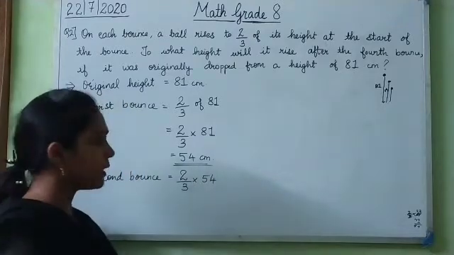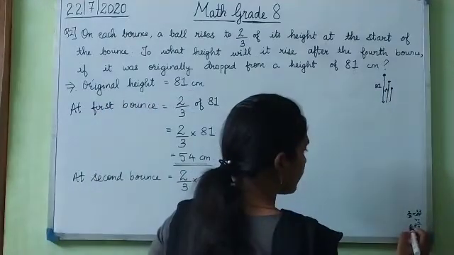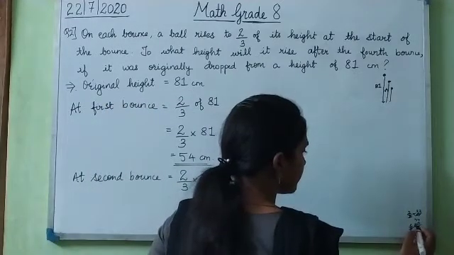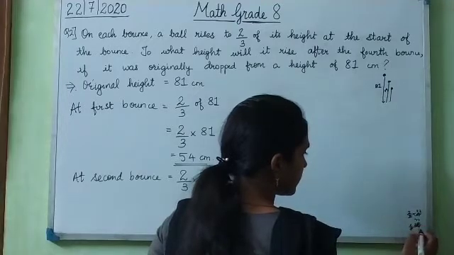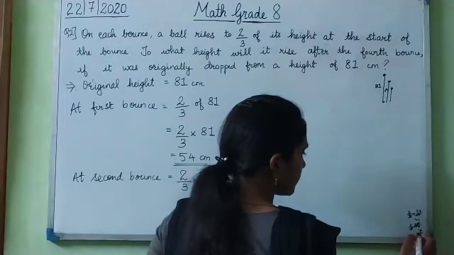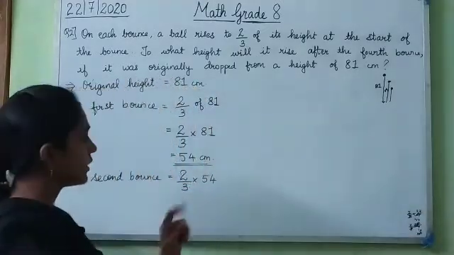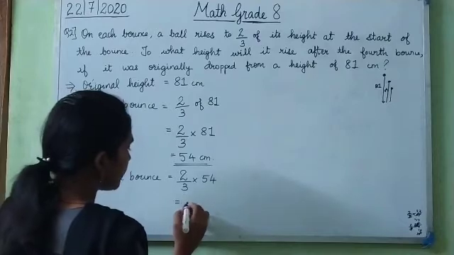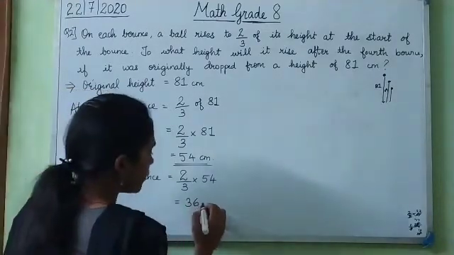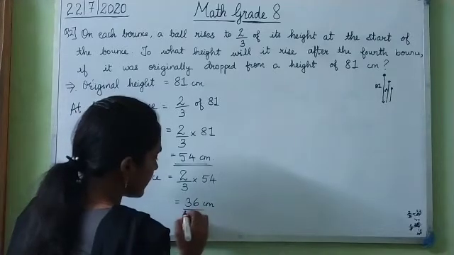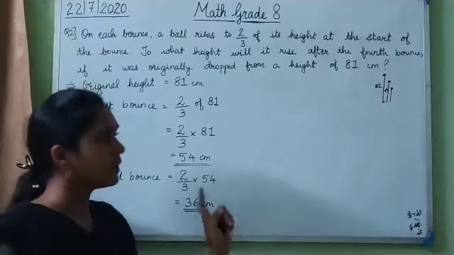How much is 2/3 of 54? It is 36. So after bouncing for the second time, it will bounce back to a height of 36 centimeters.